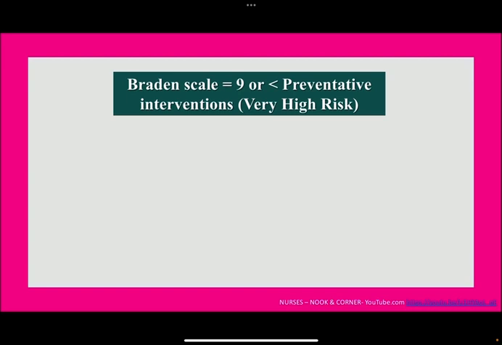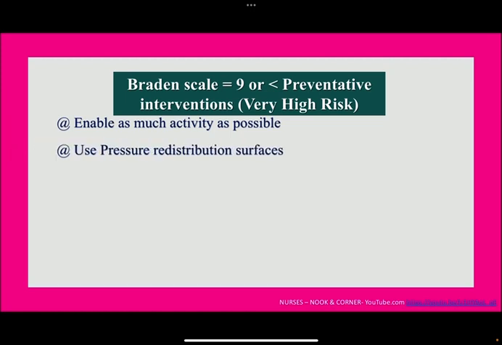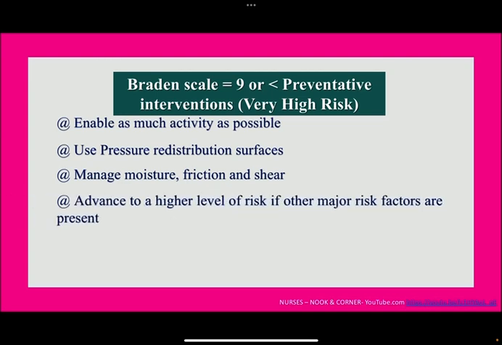If the Braden scale is 9 or less, the preventive intervention is for a very, very high risk patient for developing a pressure ulcer. So enable as much activity as possible. Use pressure distribution surfaces. Manage moisture, friction, and shear.